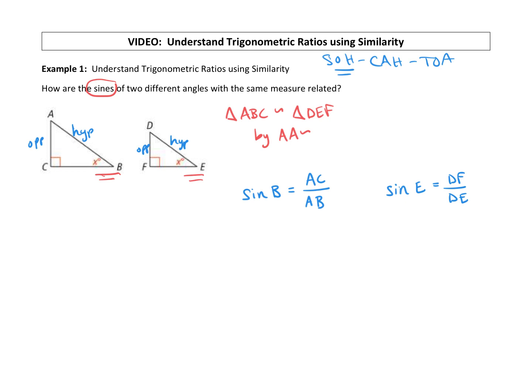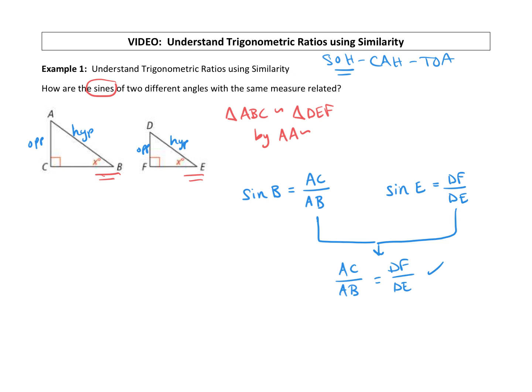All right, so AC over AB, that ratio, because these triangles are similar, will be equal to the ratio of DF over DE. Because they're similar, we know that this is true.